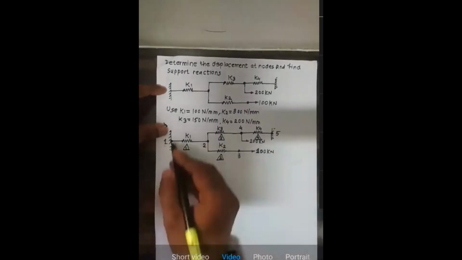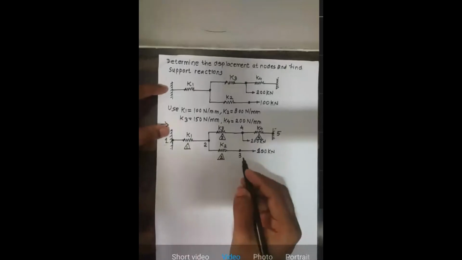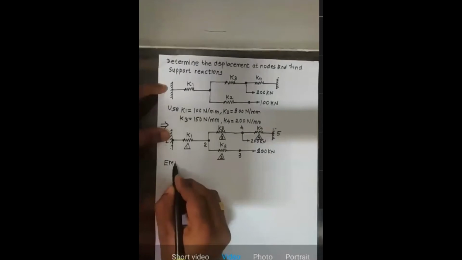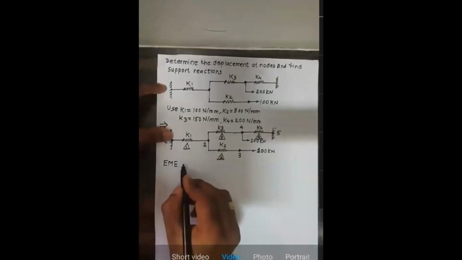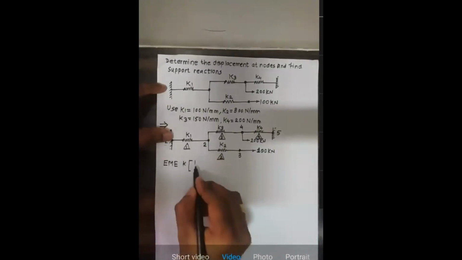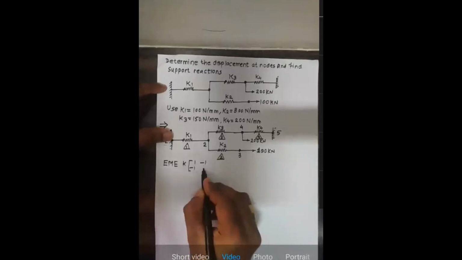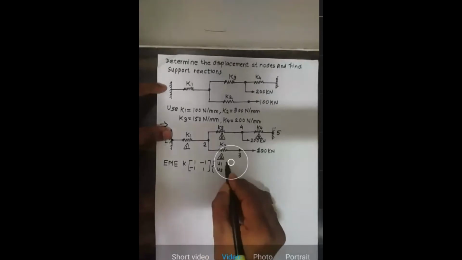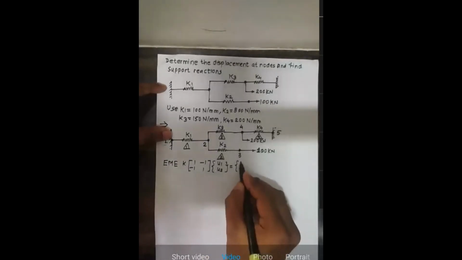This problem basically belongs to spring, so we should first write down the EME, element matrix equation. It is K into [1 -1; -1 1] into [U1 U2] is equal to [F1 F2].